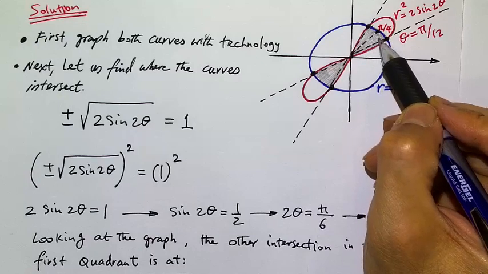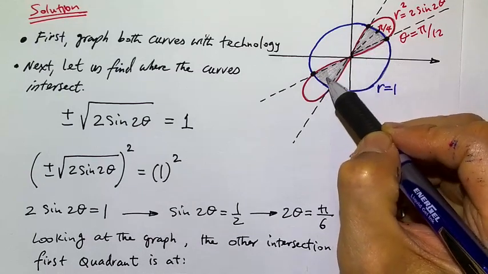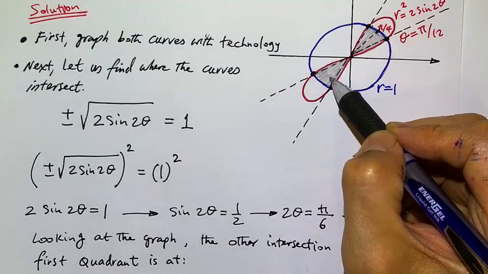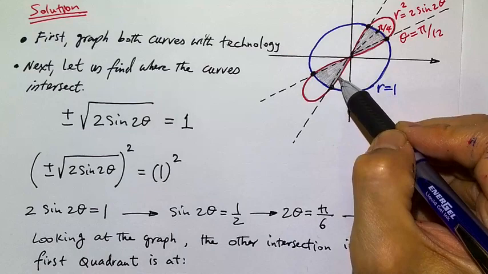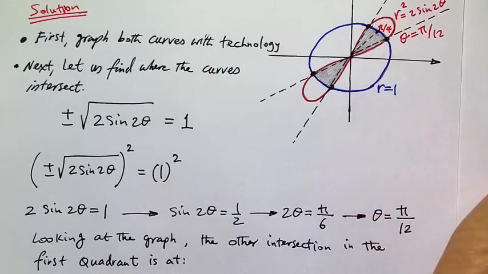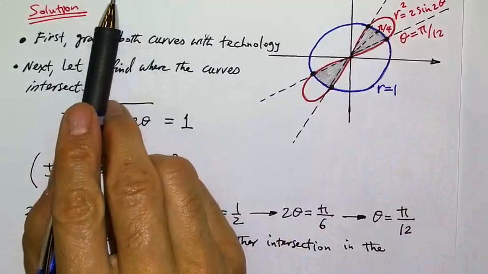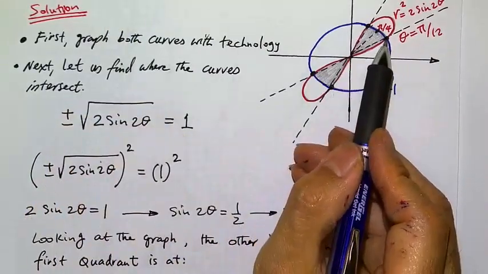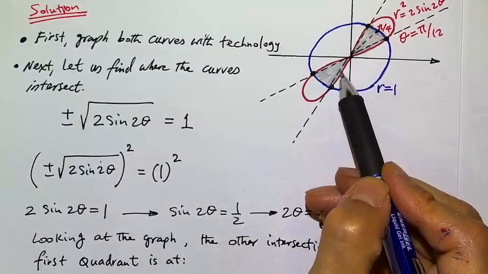How many pieces like that do we have? 1, 2, and we have 2 on this side, so we have 4. And the area under the lemniscate curve, we also have 1, 2, 3, 4. So we can integrate the lemniscate curve from 0 to pi over 12 and multiply it by 4 to get these pieces.